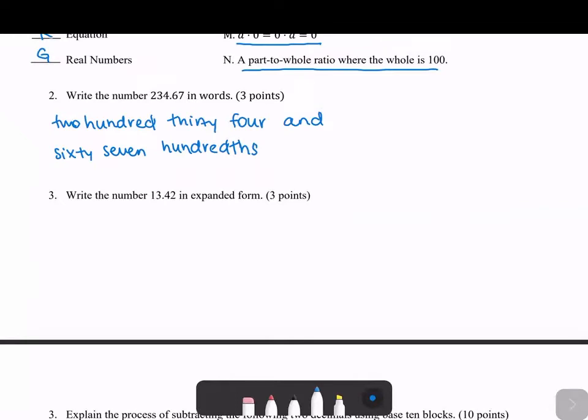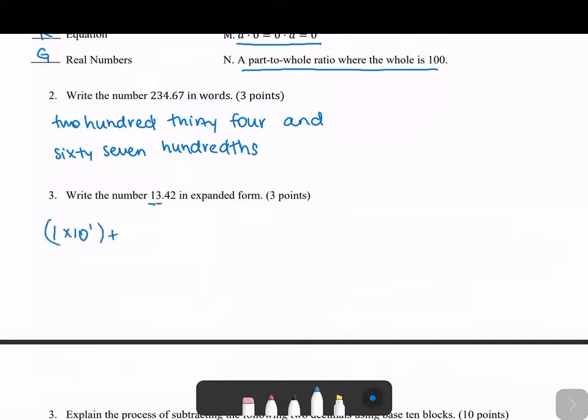So we need to know how to write decimals in words, but also in expanded form. And if you remember when we went through this in the videos, the book has a different expanded form than I write. I still write all of the expanded forms with powers of 10, just because it's consistent with how we've written expanded form before. So you essentially just identify all your place values. So this 1 is in the tens place, so 1 times 10 to the 1.